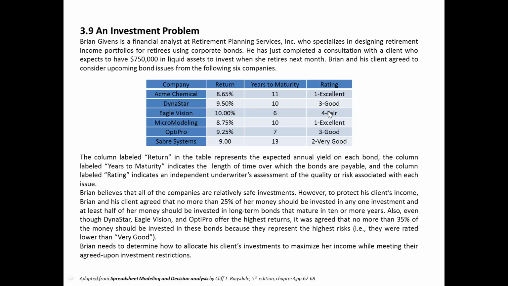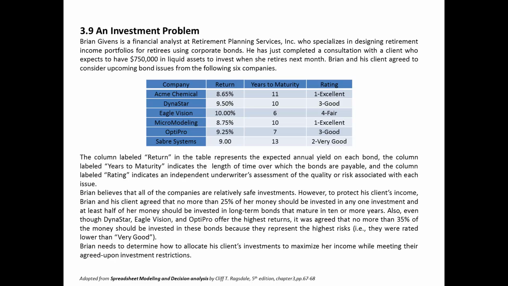Okay, so which ones are that? Is that lower than very good? That's D, E, and O. Oh, sorry. You see, they rated from the other way. 1 is excellent.